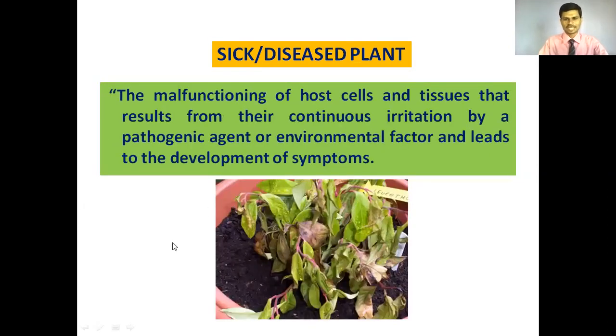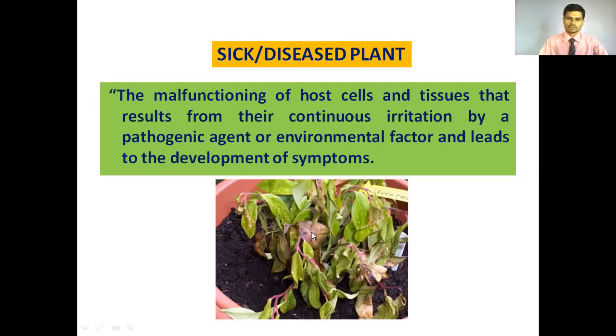Which plant can we say is a sick or diseased plant? Here we can see a sick plant in this picture. It is the malfunction of host cells or tissues. The tissues or cells present here are not functioning properly or normally, as a result of continuous irritation by a pathogenic agent.